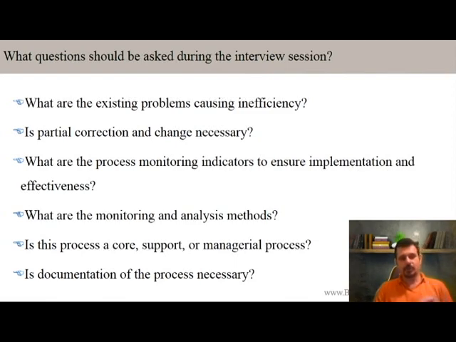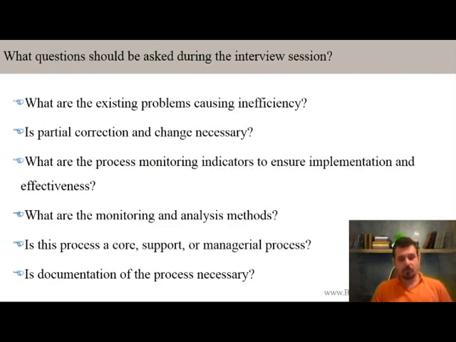Is partial correction and change necessary? Now you want to get some ideas for process optimization. What are the process monitoring indicators to ensure implementation and effectiveness? What are the monitoring and analyzing methods?